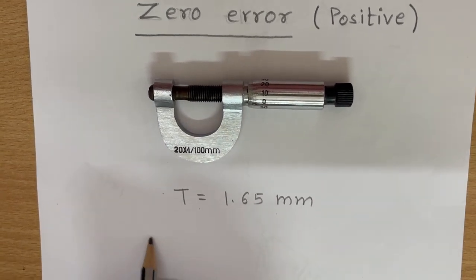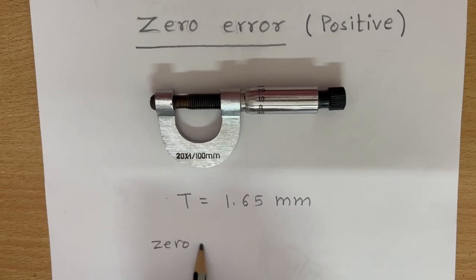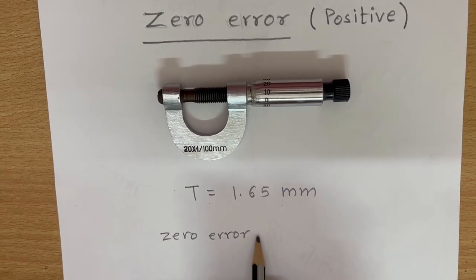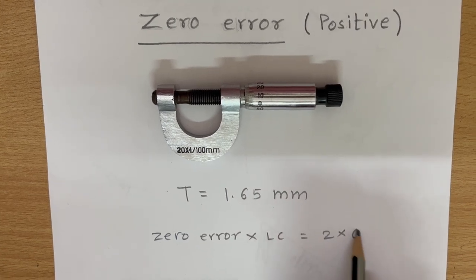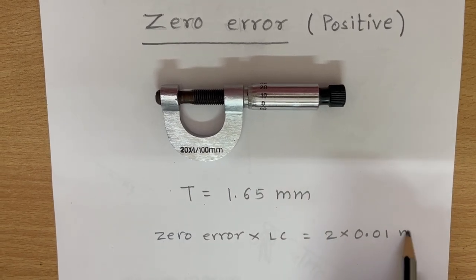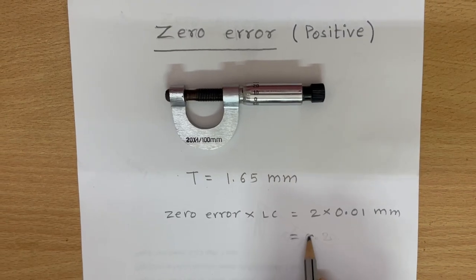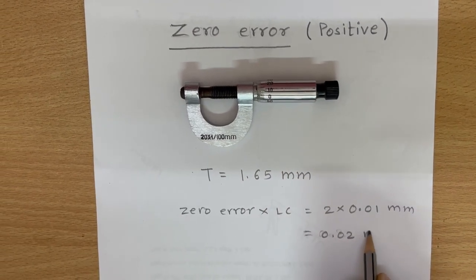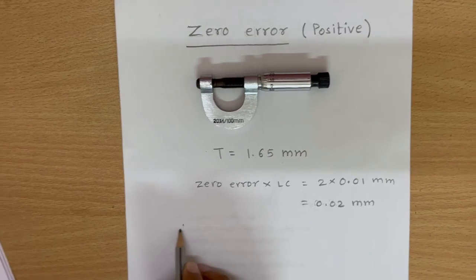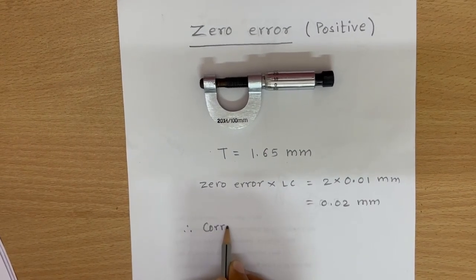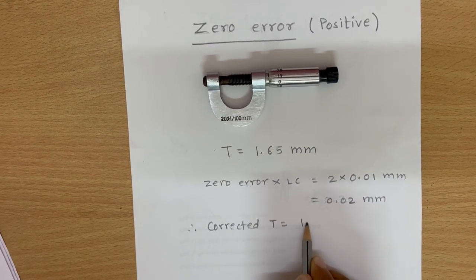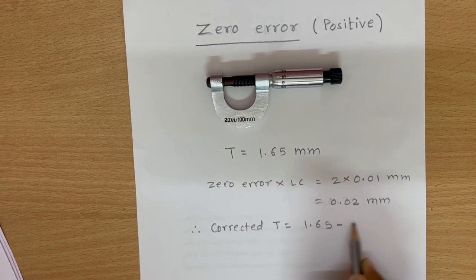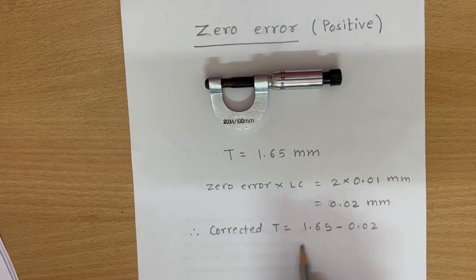Here the zero error into least count is 2 into 0.01 millimeters, which becomes 0.02 millimeters. Therefore, the corrected thickness is 1.65 minus 0.02, which is 1.63 millimeters.